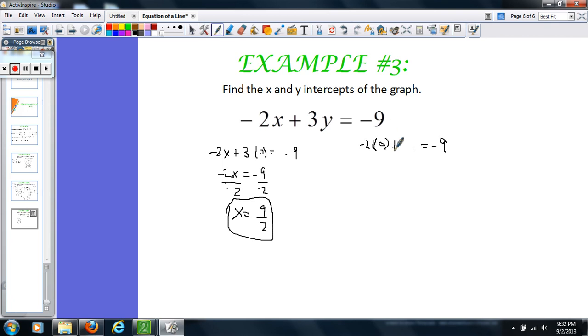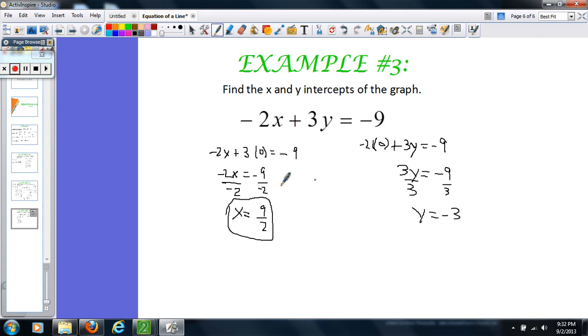So we got plus 3y. This is 0, so that gives me 3y equals negative 9. And I'm going to divide by 3. And I get y equals negative 3.